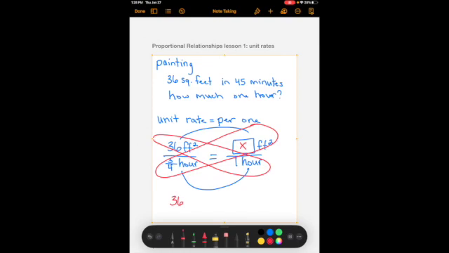I am going to write out my multiplication equation: 36 times 1 equals 3/4 x. Now my next step is going to be to solve for x. First I'm going to do out the multiplication, then solve for x. So I end up with 36 equals 3/4 x.